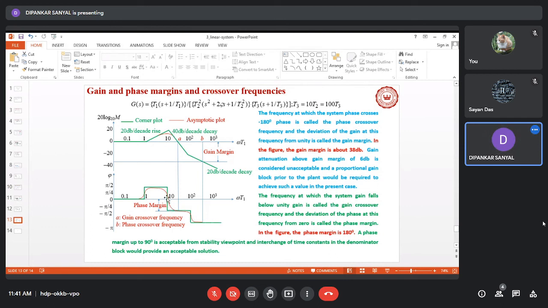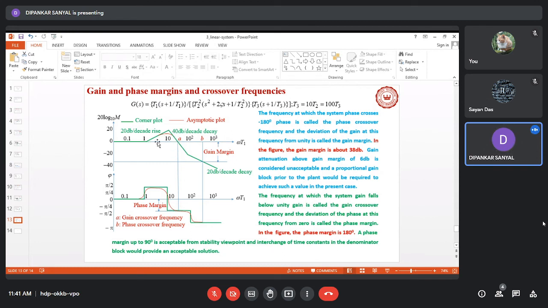So that is how we first plot the corner plot, then we complete it by filling this part I have failed to fill. There should be a curvature like thing here as well, but that is of not much consequence in the discussion that we are going to make here.